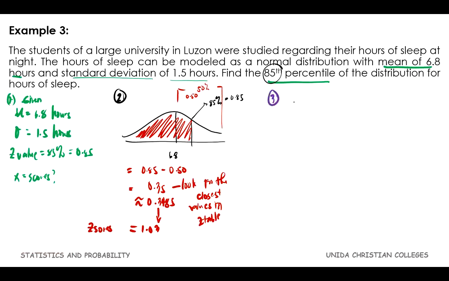formula. Our formula is x is equal to z times the standard deviation plus mu. Our z is 1.03. Our standard deviation is 1.5. Then our average is 6.8. Perform the operation, you will get 8.345 or 8 hours and 35 minutes.